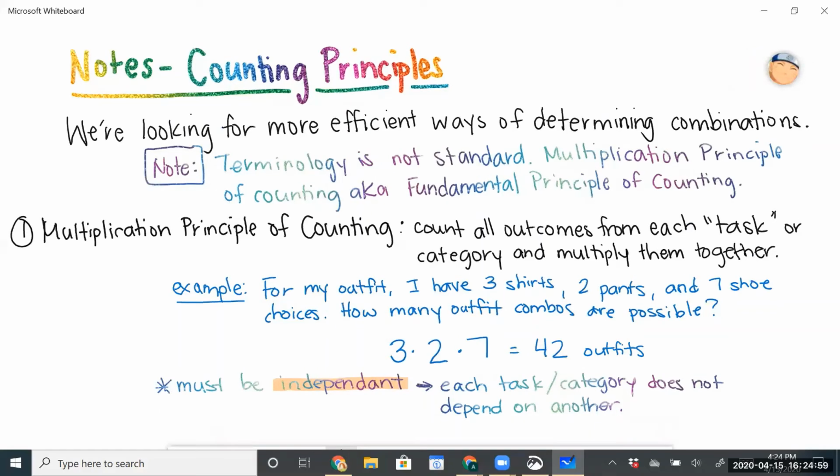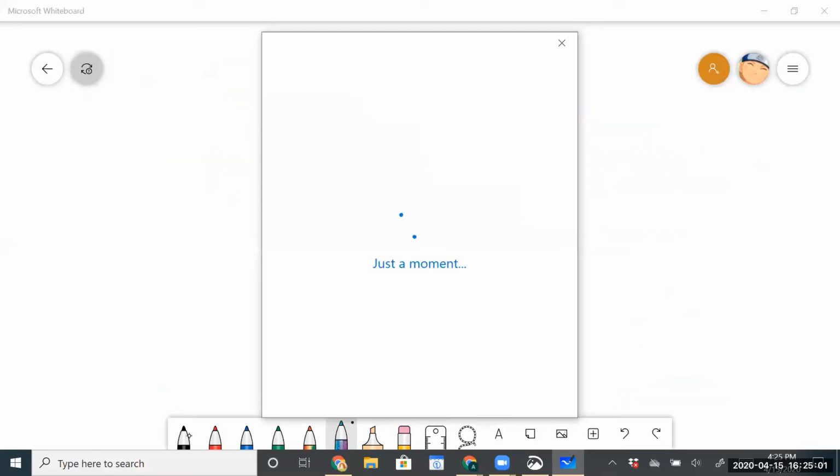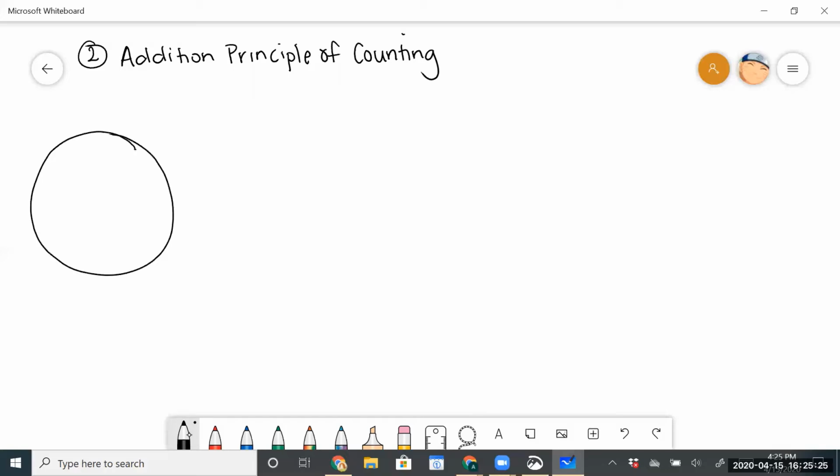Let's start a new page here. Okay, so we've got our addition principle of counting. Many of you have probably seen one of these, a Venn diagram, right?